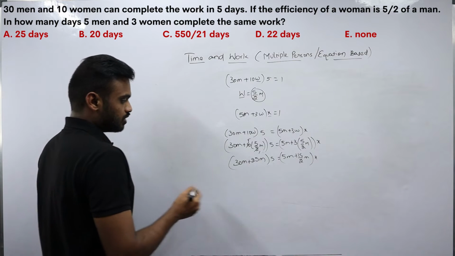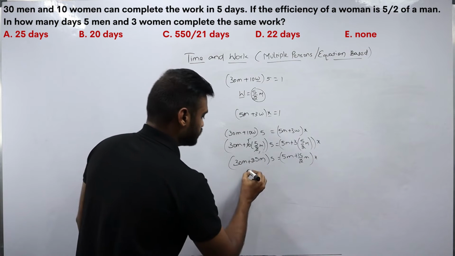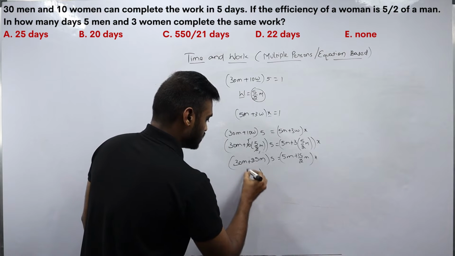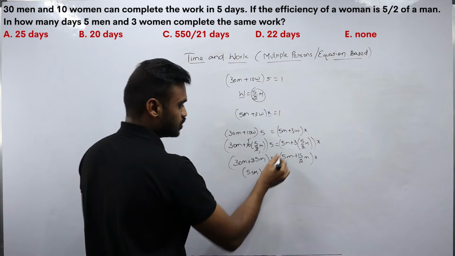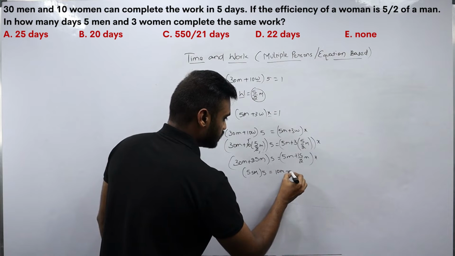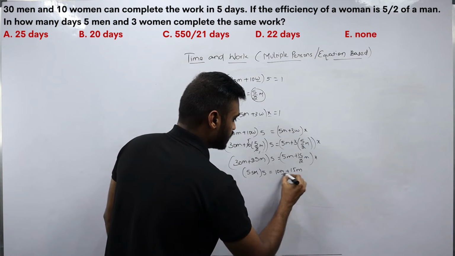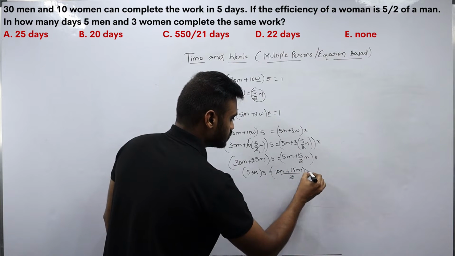Now I will get 30 plus 25, that is 55 men into 5 equal to, the LCM is 2 here, so 2 into 5 will be 10 men plus 15 men by 2, into x.